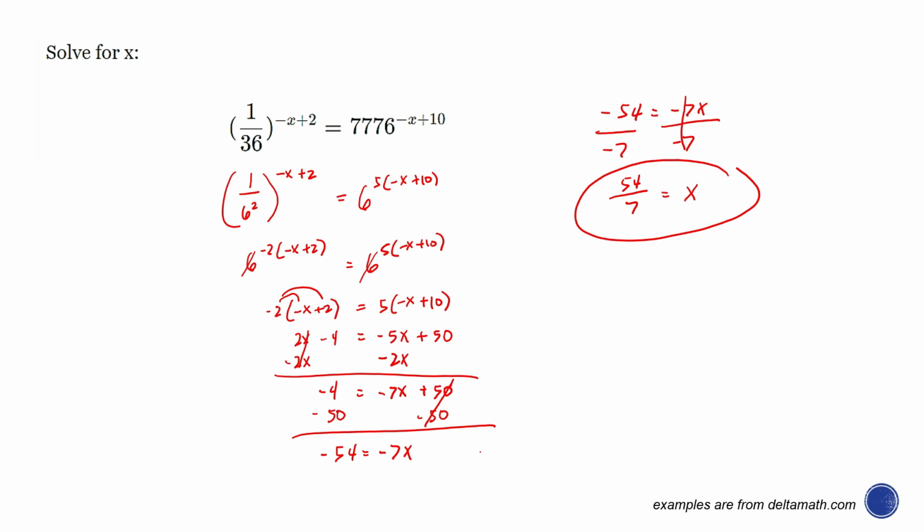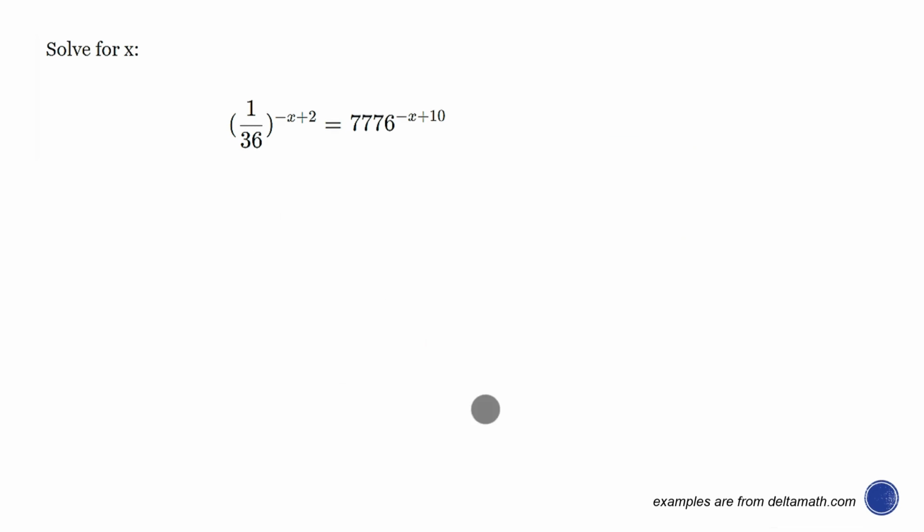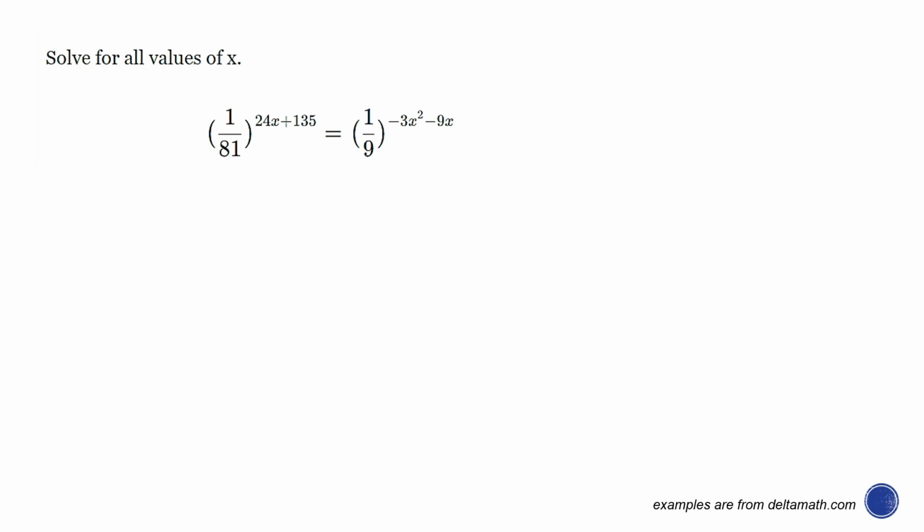All right, let's go to the last example. Now this is obvious. We can express both as a base of 9. So this is 1 over 9 squared, and this is 1 over 9. Okay, so let me rewrite everything.